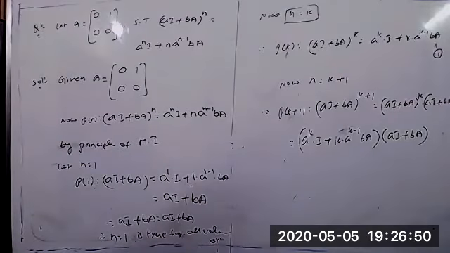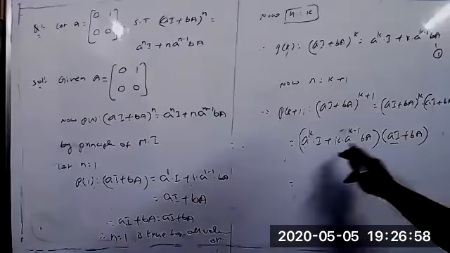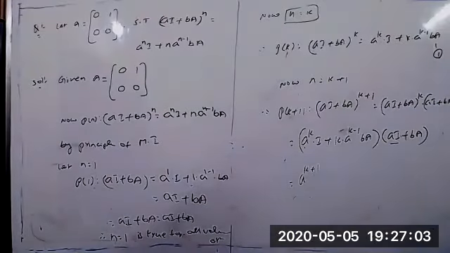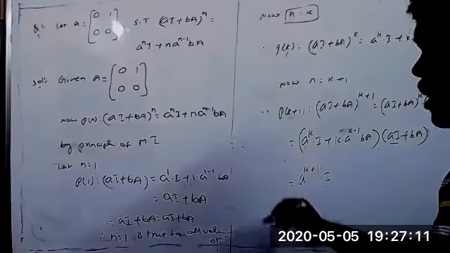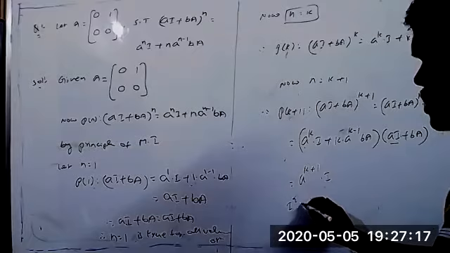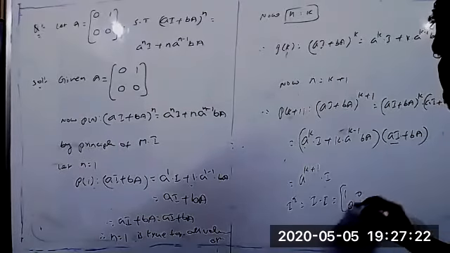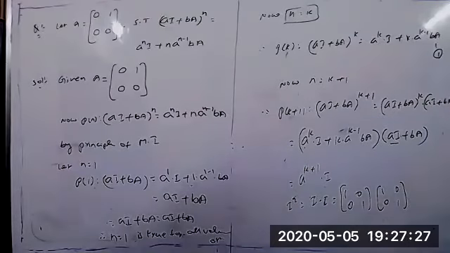Now multiply the values. A power k into a equals a power k plus 1. But I into I always gives I only. Suppose you take the order of I as the 2 by 2 matrix: I square equals I into I, that is [[1, 0], [0, 1]] into [[1, 0], [0, 1]].